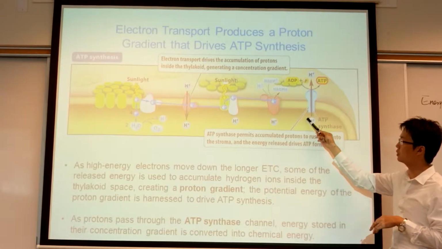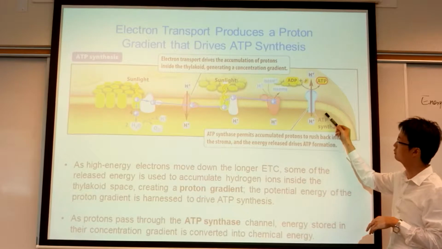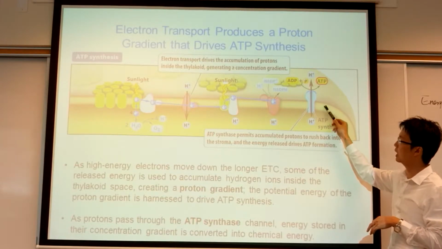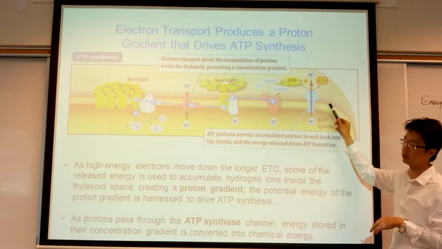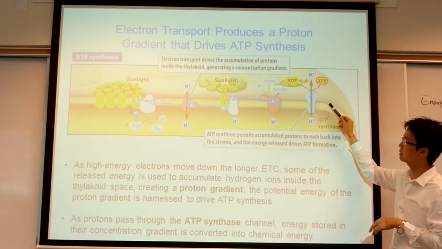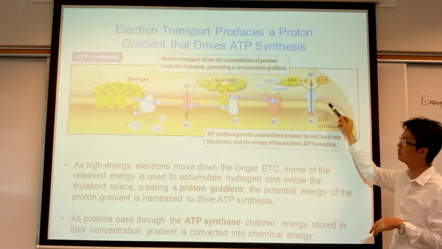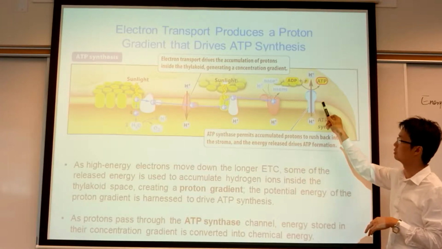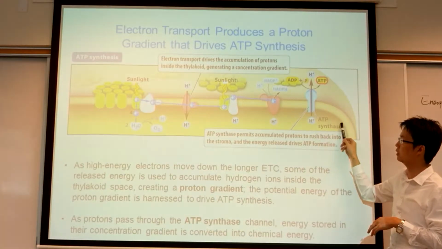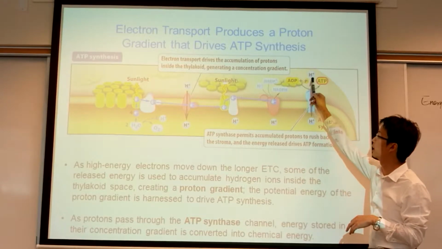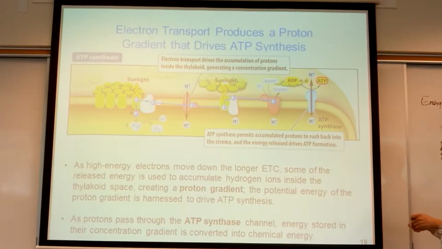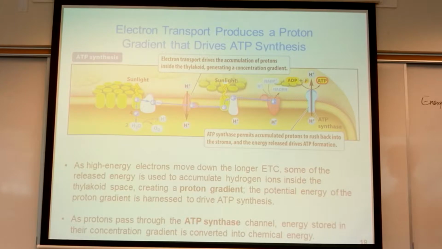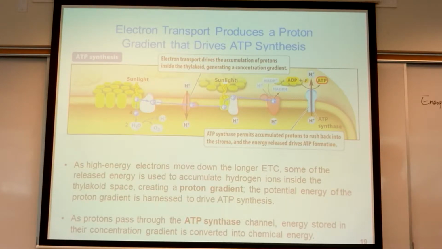But because hydrogen ions are charged, they cannot go through the phospholipid bilayer membrane of the thylakoid. So they require a protein. The protein is called ATP synthase. As they go through the ATP synthase, it gives the ATP synthase energy to make ATP.